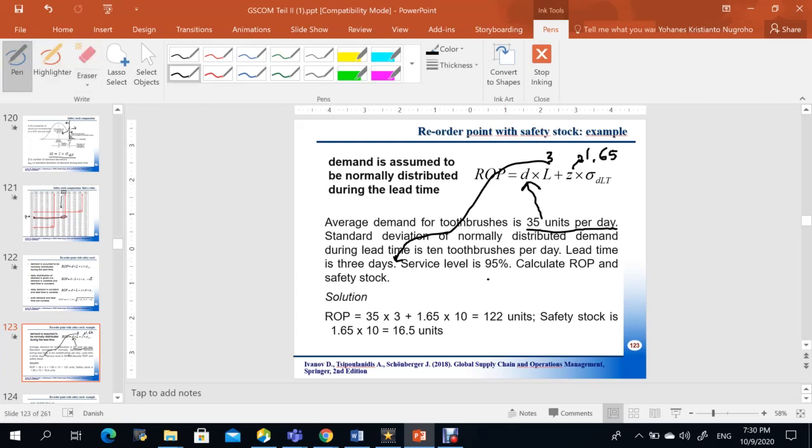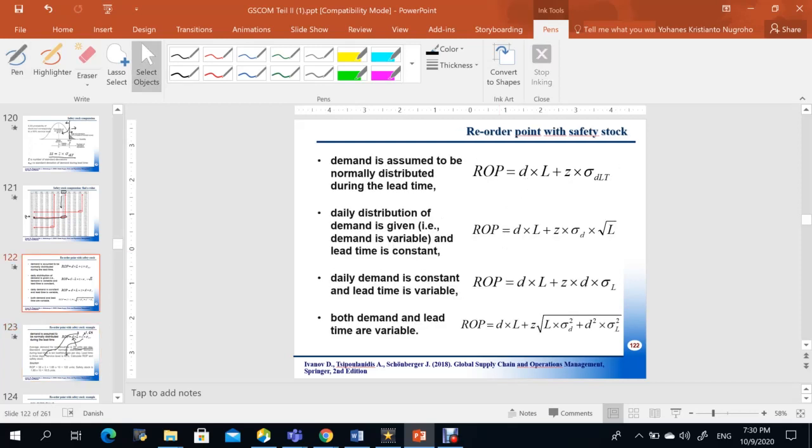So the service level is 95%. We have to calculate the reorder point, and therefore we can use the following formula: D times L plus Z times the standard deviation of demand.